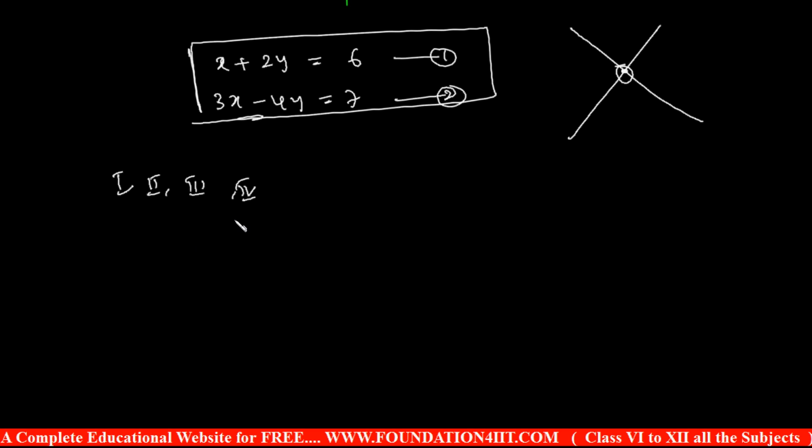If they give two linear equations, we call that a system of linear equations. In this system of linear equations, how do we find the solution using these four methods? Let us see one by one. First we will see the method of elimination by substitution method.